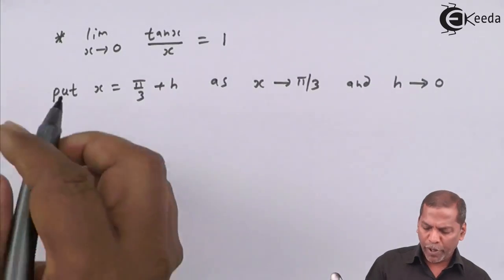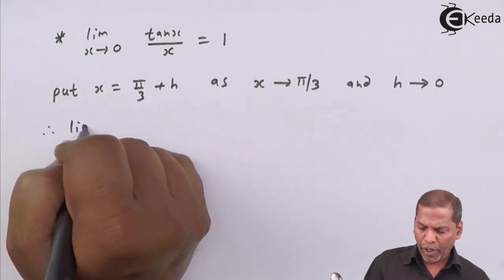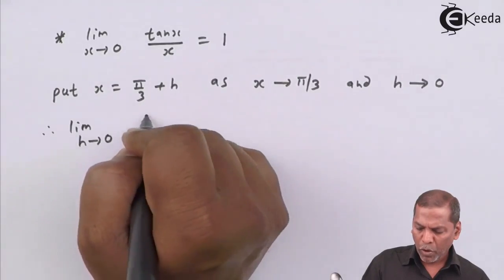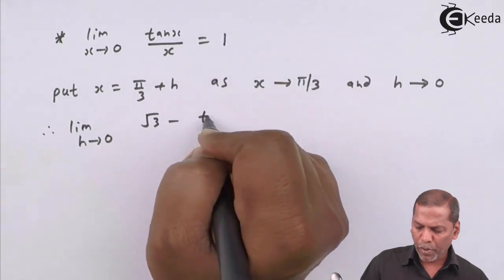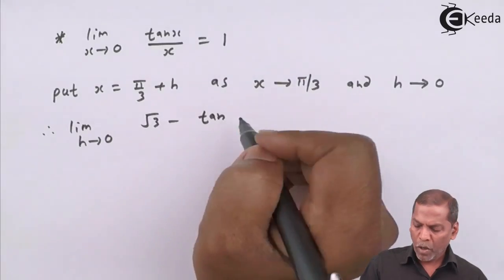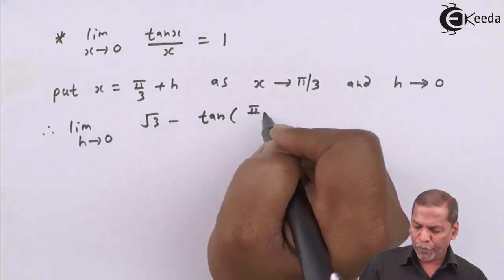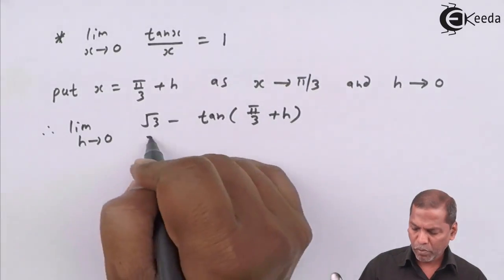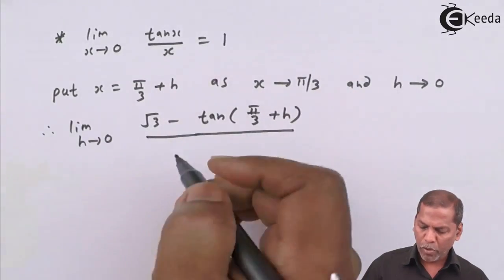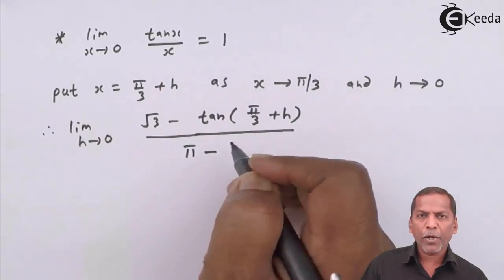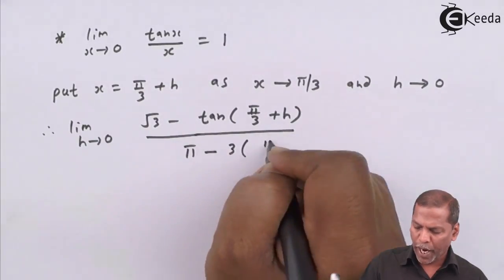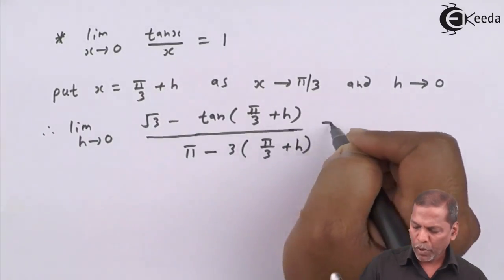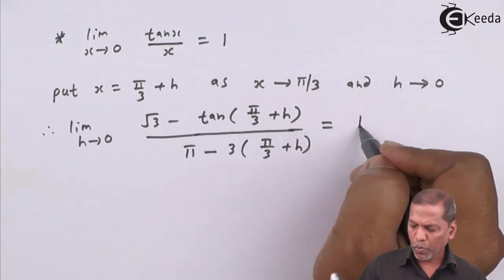Therefore the next step will be limit h tends to 0, (root 3 minus tan of x, where we have to substitute x as pi by 3 plus h) upon (pi minus 3 in bracket pi by 3 plus h), and that equal to k.